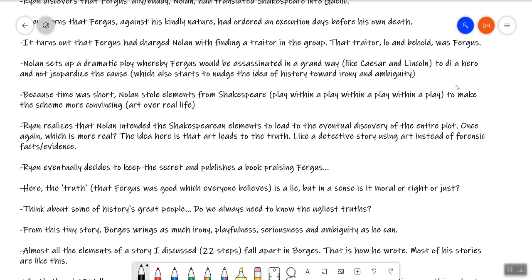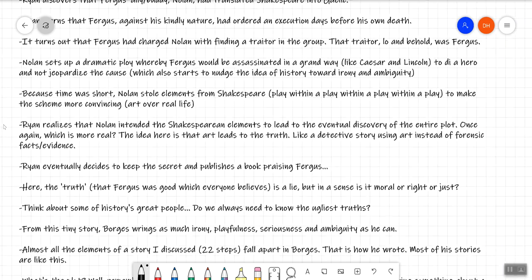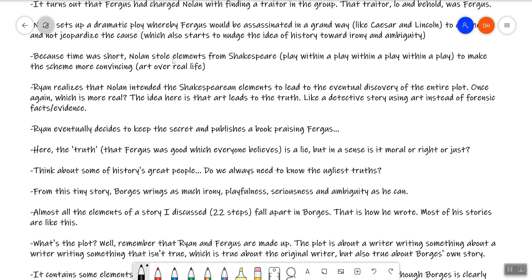These are structural ironies inherent to the story, and it starts to question, well, is anything true? Right? That ambiguity lays that out quite nicely. Is anything even true? Now, because time was short, Nolan stole elements from Shakespeare of this assassination plot.